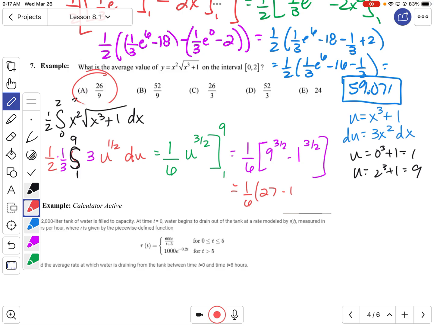Wait a minute, I did something wrong. The 1/2 was already there. What did I do wrong?